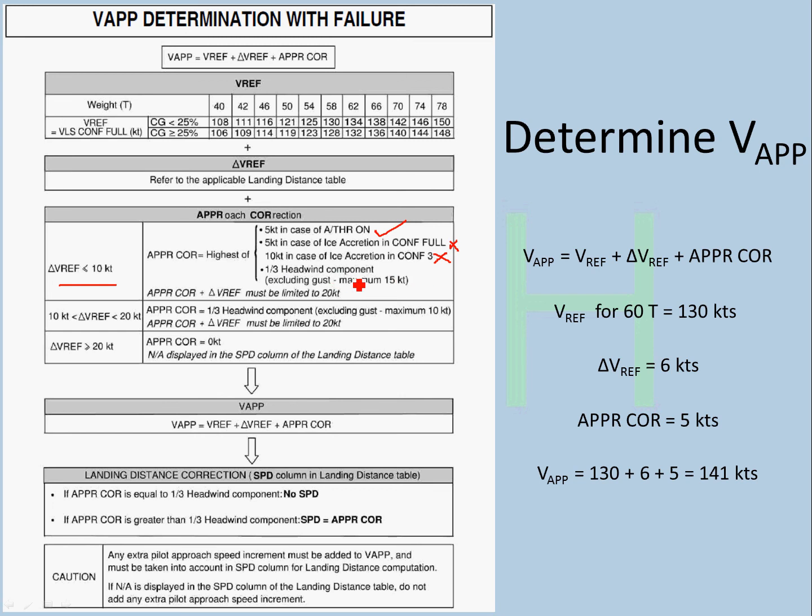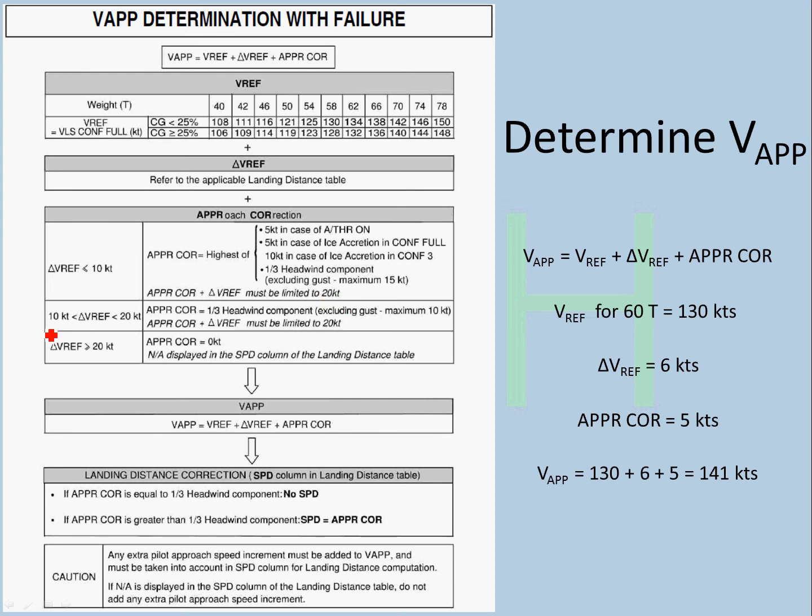Our headwind component was about 5 knots, so 1/3 of 5 knots is approximately 2 knots. The highest of 5 knots and 2 knots comes out to be 5 knots because auto thrust is on. So approach correction is 5 knots, and approach correction plus delta Vref must be limited to 20 knots. In this case it is 11 knots, so it is within the 20 knot limit.